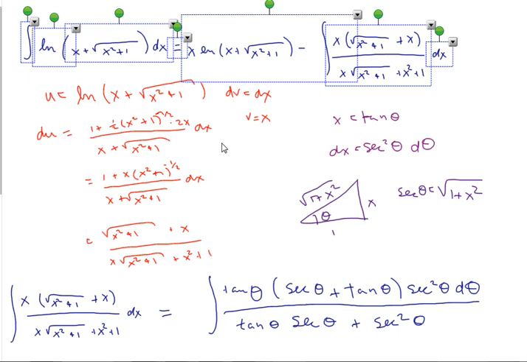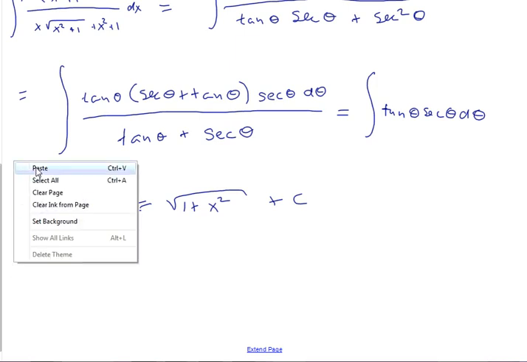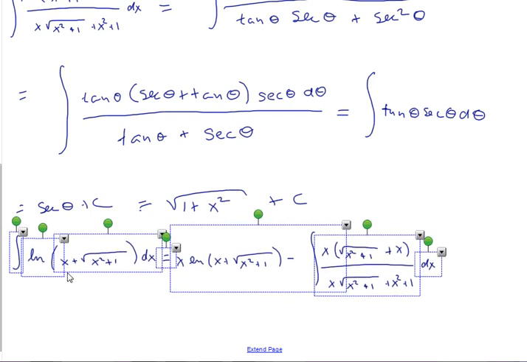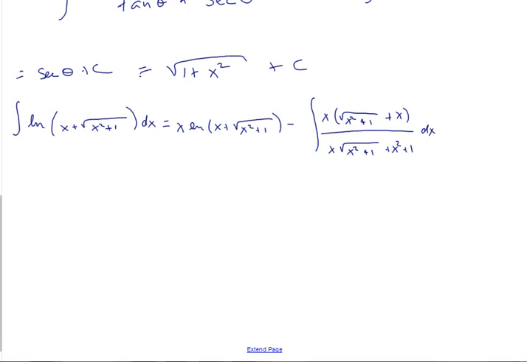Copy. And go back down. Paste. We'll paste it there. So this answer then is going to be x ln of x plus square root of x squared plus 1 minus square root 1 plus x squared plus c.